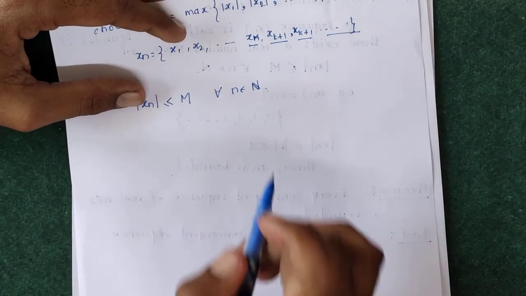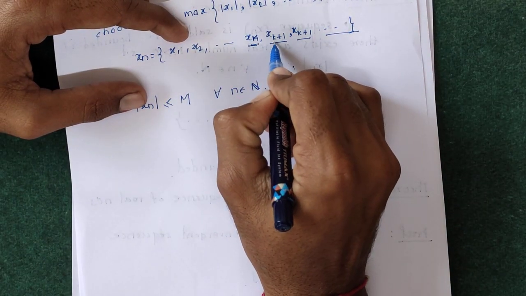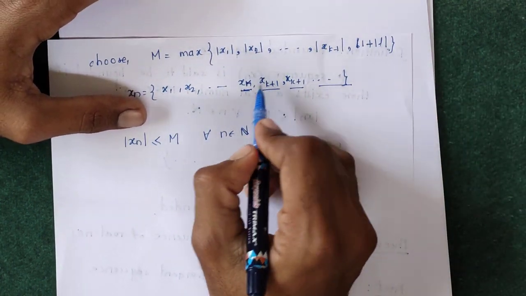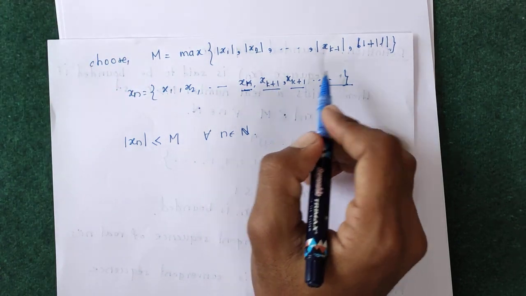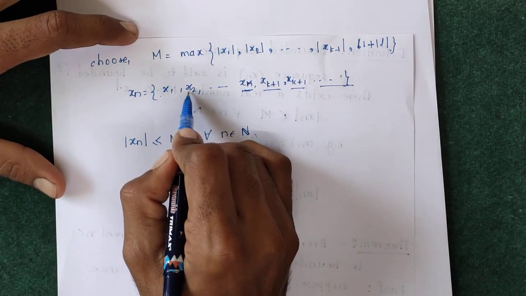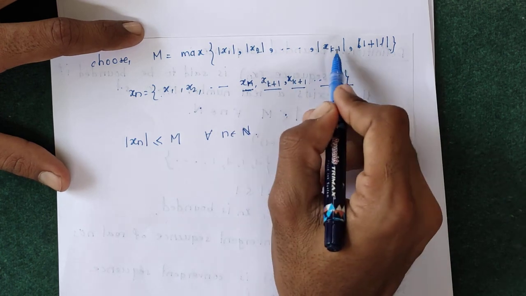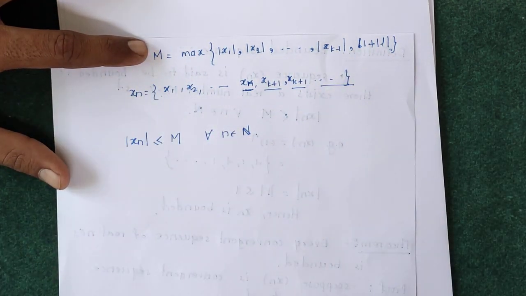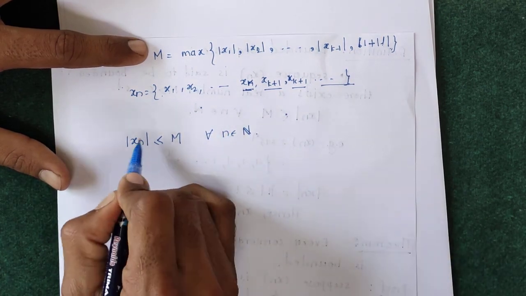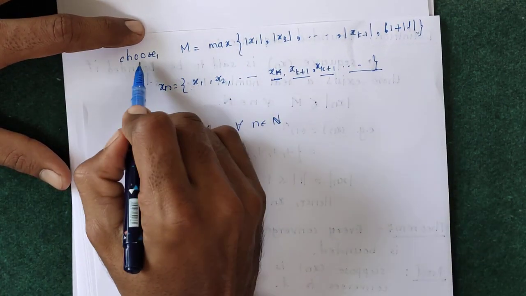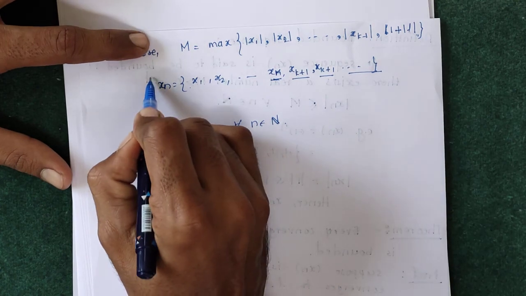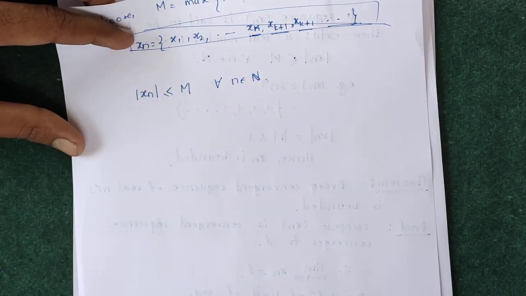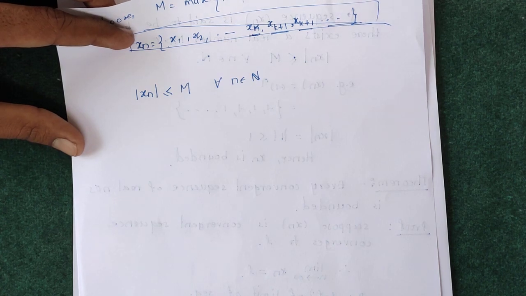The definition says that xk plus 1, xk plus 2 and all these elements are very close to L, so we can write mod of xn is less than or equal to 1 plus mod L. But if any number among x1, x2, x3 up to xk minus 1 is greater than 1 plus mod L, then we have to choose that as m, because we need mod of xn less than or equal to m for all n in the natural numbers. So we choose the maximum of these two numbers. There is no need to write this in the proof. So mod of xn is less than or equal to m for all n belonging to the natural numbers.